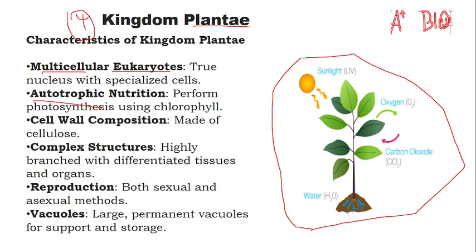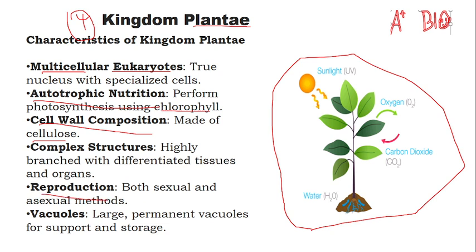They have autotrophic nutrition, meaning they do photosynthesis, meaning they have chloroplast. They have a cell wall, not made of chitin as in fungi, not made of peptidoglycans as in bacteria. The cell wall of the kingdom Plantae is made of cellulose. It is a complex structure, meaning they are branched, with leaves and many organs, so they are multicellular.